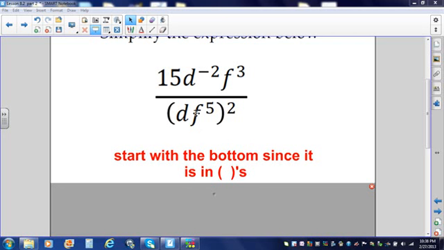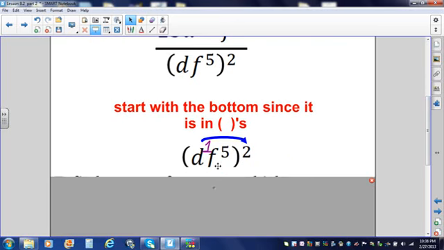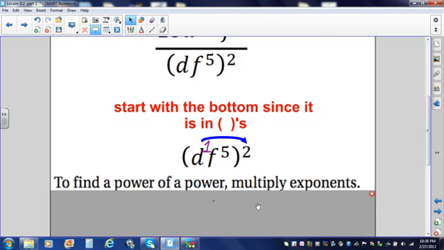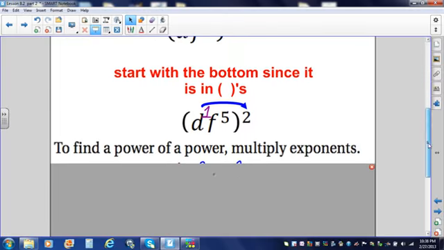I'm going to start with the bottom of the problem since it has the parentheses. So I put in an invisible exponent of 1, and I'm going to say a power to a power. When I have a power to a power, I multiply.